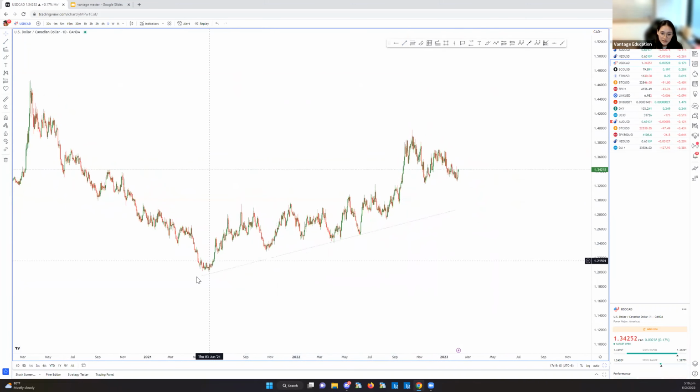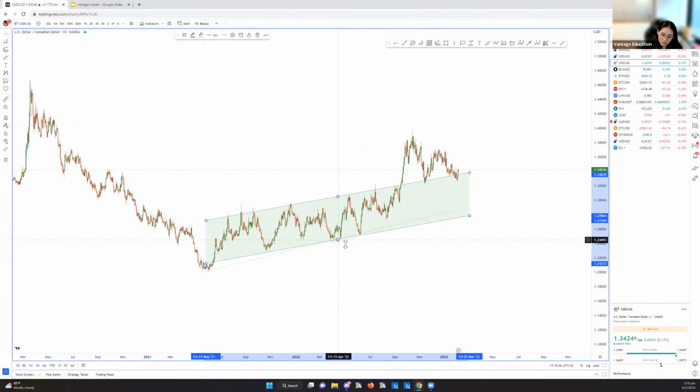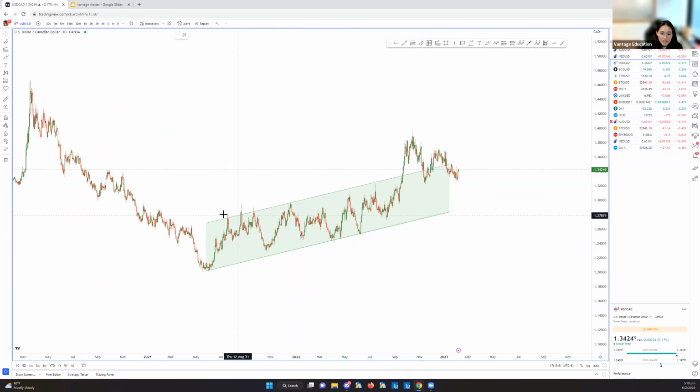We can see there is a trend line here as well. For a valid channel, we need 2 touches on the top of the channel and 2 touches on the bottom. In this case, we can see that price has touched the top of our channel multiple times.